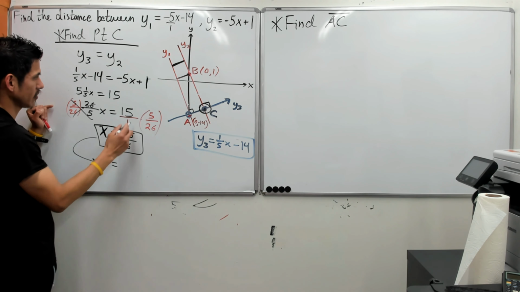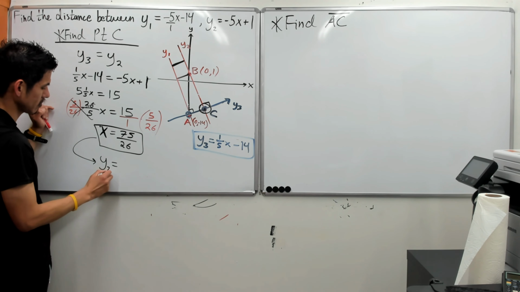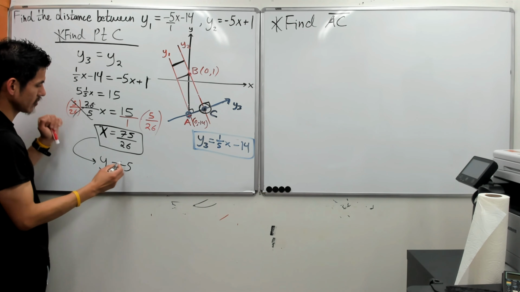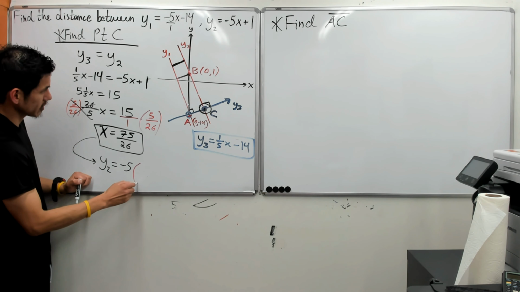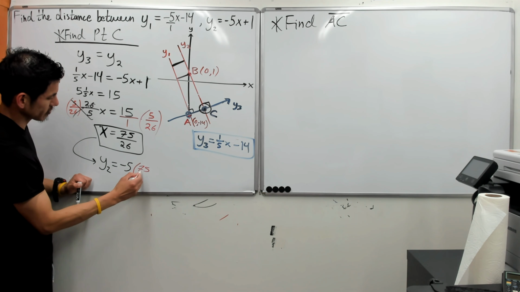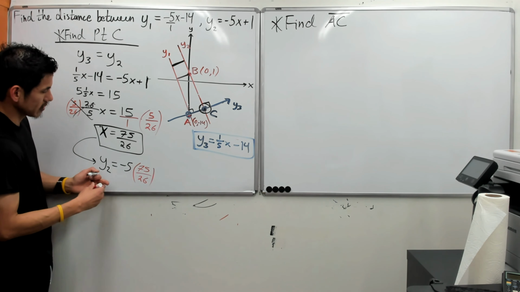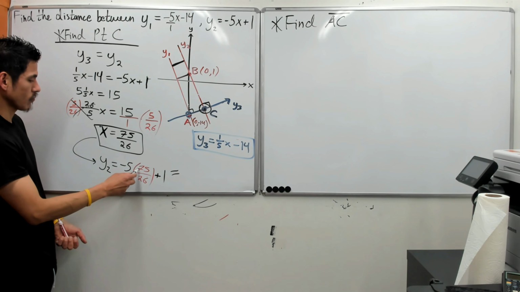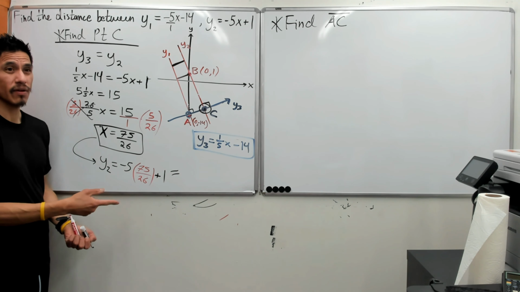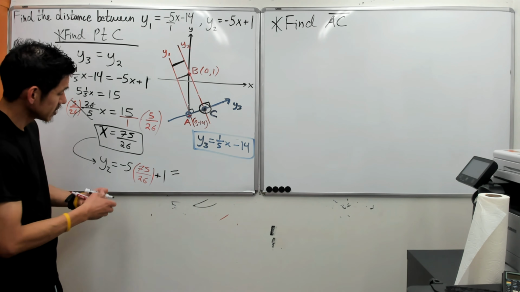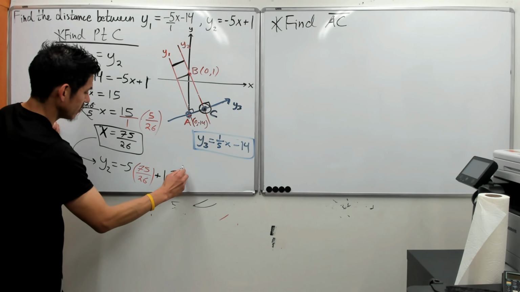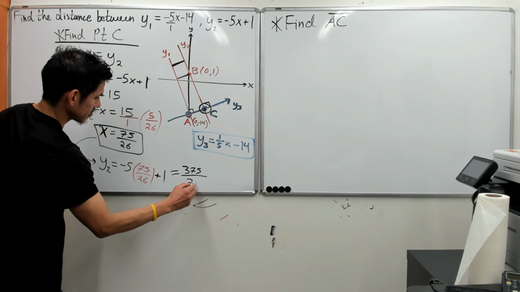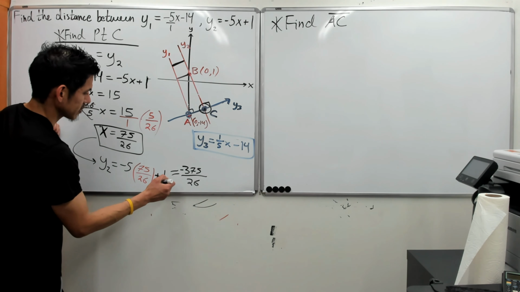I like this guy, so I'm going to plug it into y2. -5 times 75 over 26 plus 1. 5 times 70 is 350, plus 5, 375 over 26. -375 over 26.